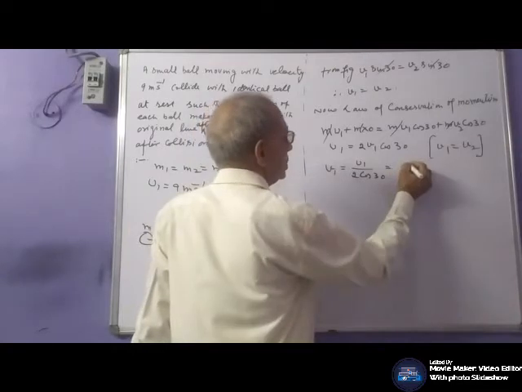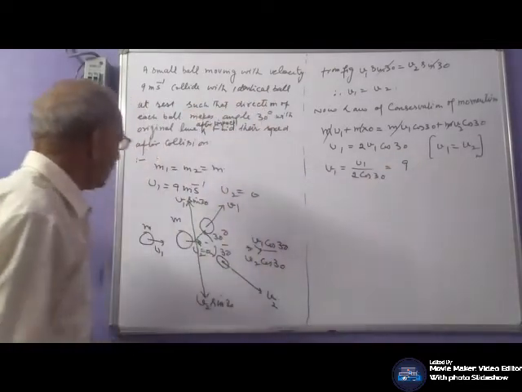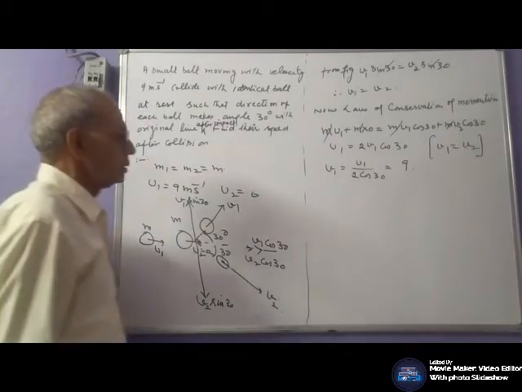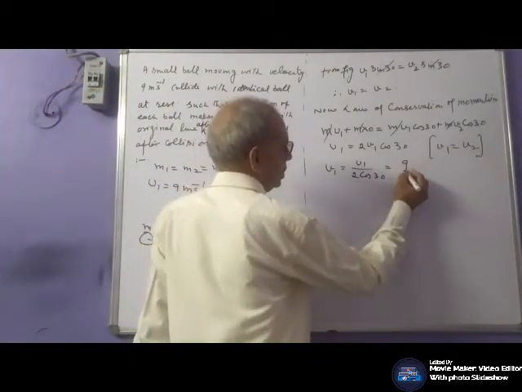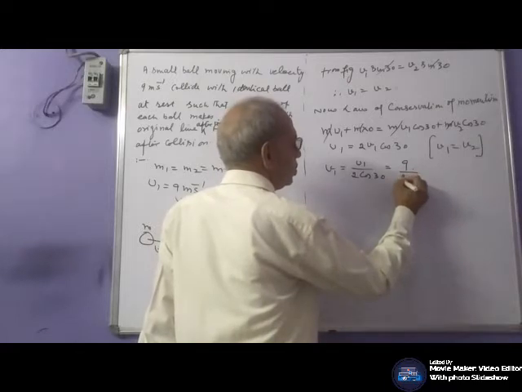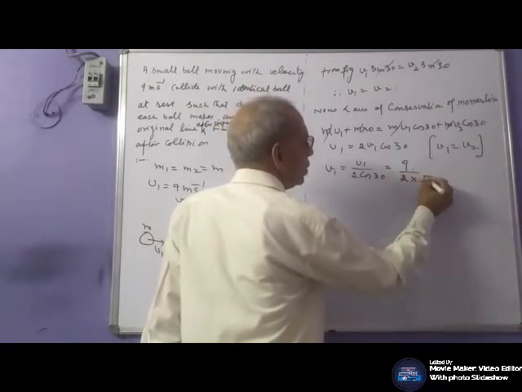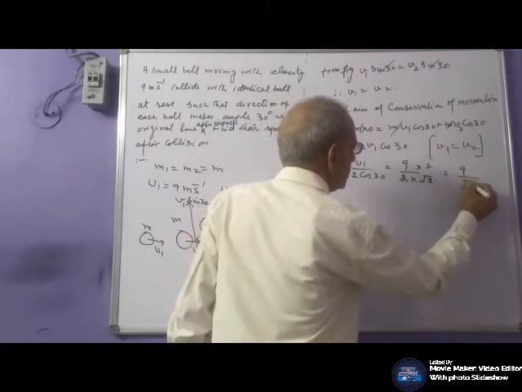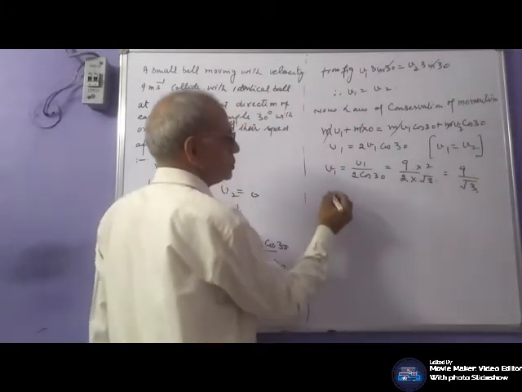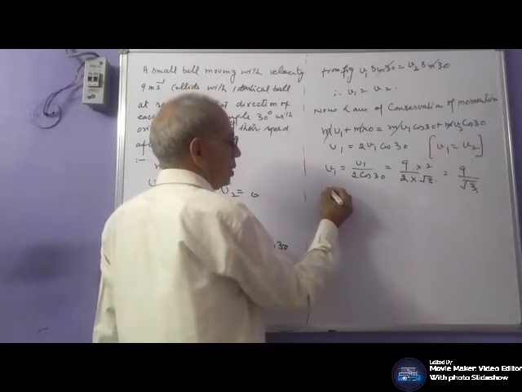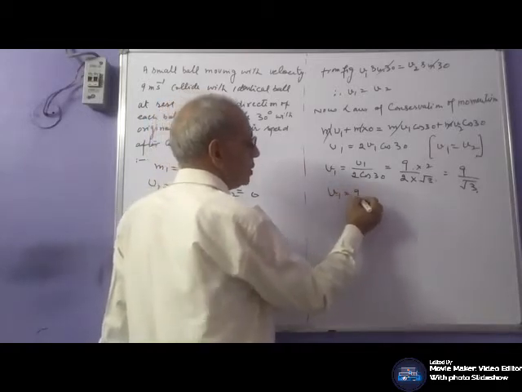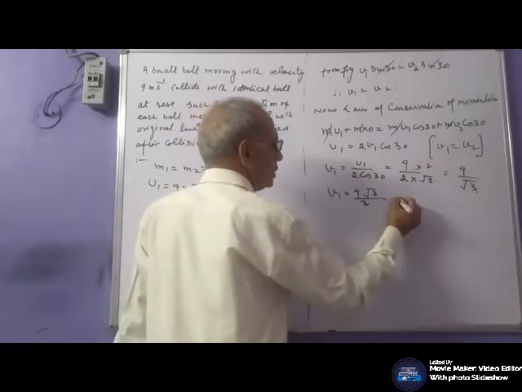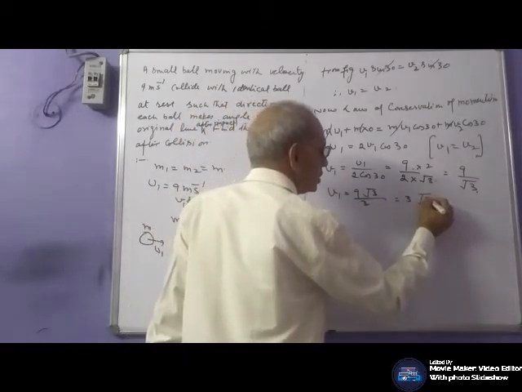U1 is 9 meter per second. So V1 is 9 divided by 2 cos 30, which is root 3 by 2, so it is 9 by root 3. Or V1 is 9 multiplied by root 3 divided by root 3, which is 3 root 3.